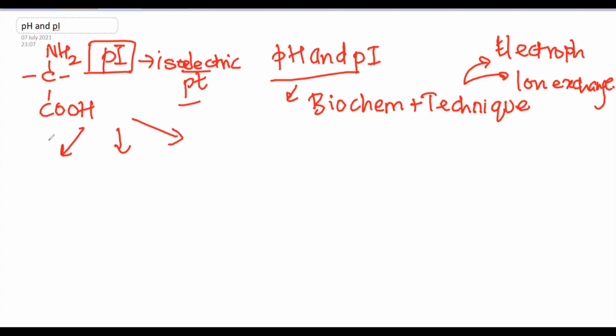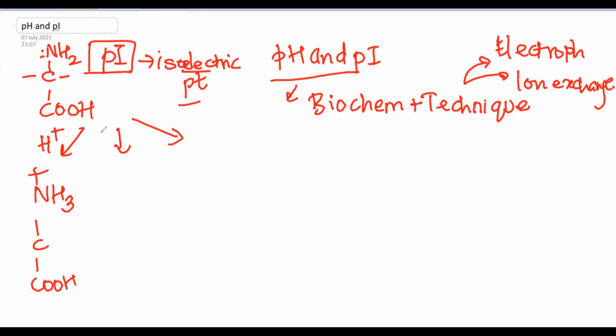In the first structure, the nitrogen has a lone pair. Whenever this is in an acidic medium, it would take an H plus and become NH3, with COOH. Since nitrogen has used its lone pair to form a bond with this H plus, it gets a positive charge.